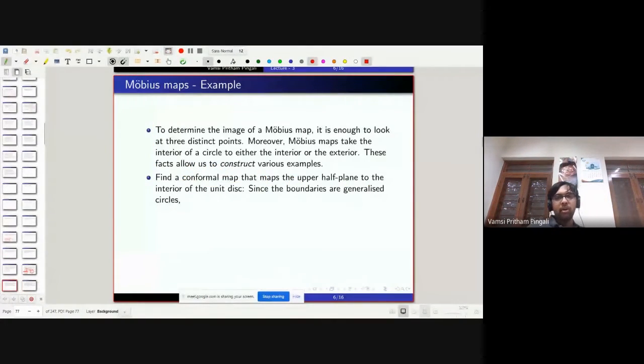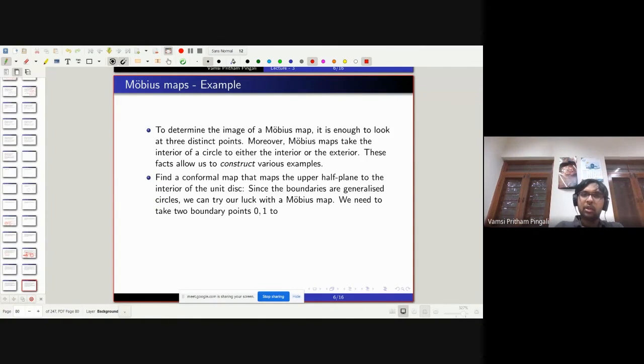So since the boundaries are generalized circles, we can try our luck with a Mobius map. We need to take two boundary points, namely my favorite points on a straight line, 0 and 1, to two boundary points, 1 and i.